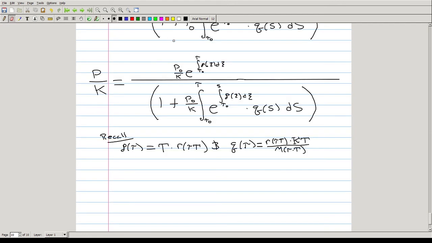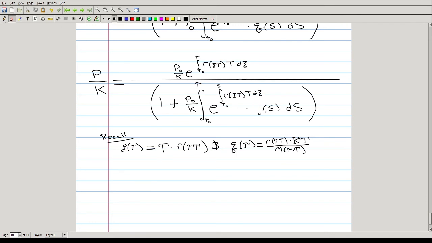So this integral of p of xi d xi, where xi is the variable of integration for tau, is the same thing as r of xi t times t d xi.